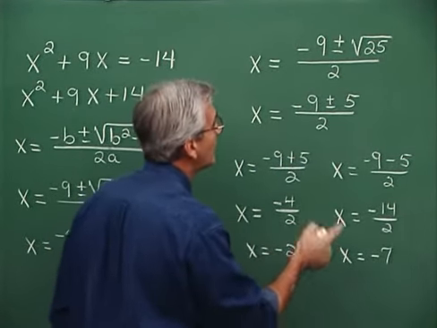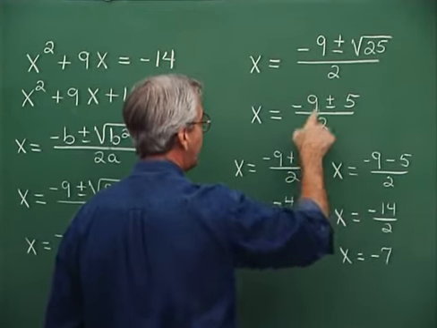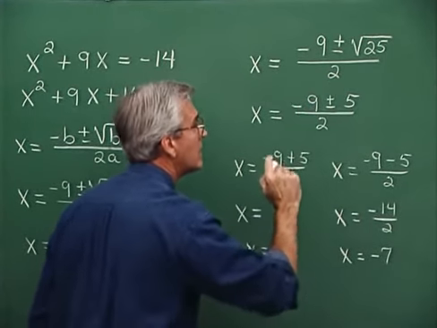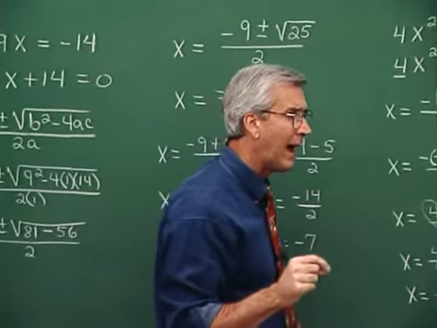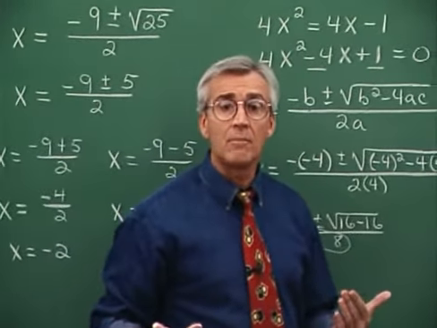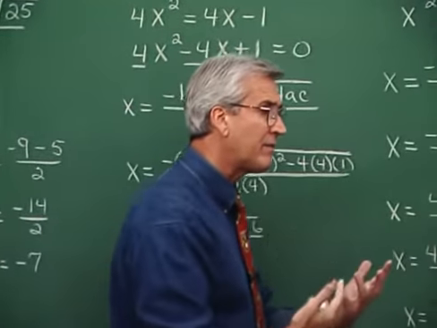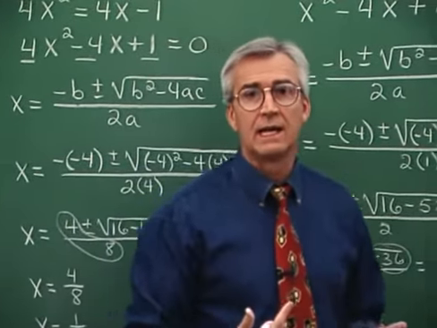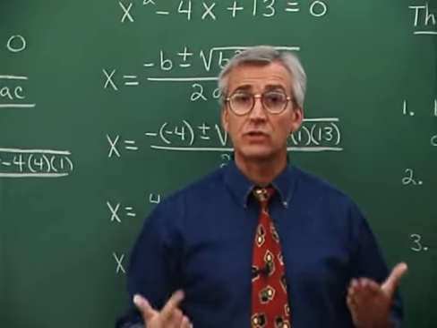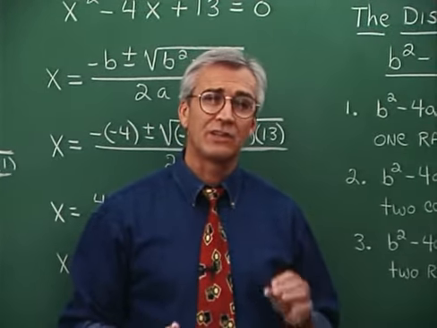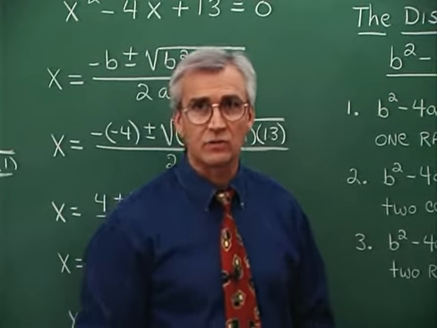Or, well, rational numbers, because they could end up being fractions because of this. But so that number under the radical turns out to be a very important number in terms of identifying the kind of answers we're going to get. And it's for that reason that that number under the radical is called the discriminant. The discriminant. It discriminates among the different kinds of answers we can get.